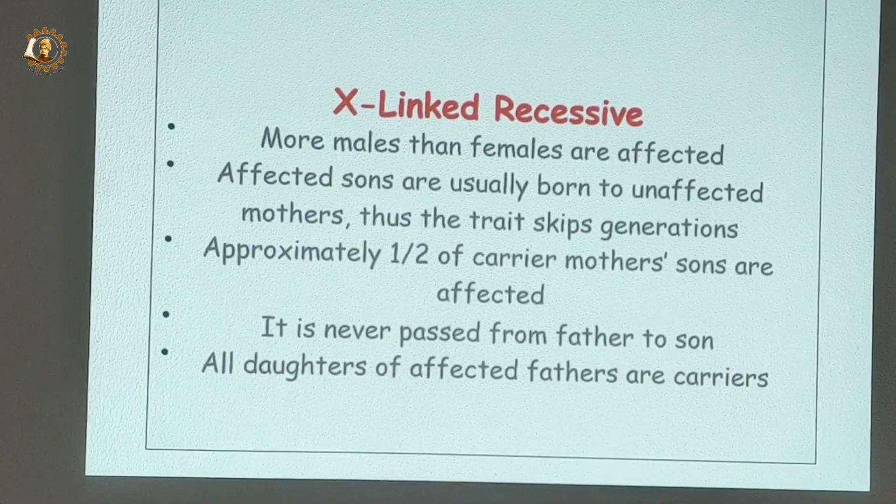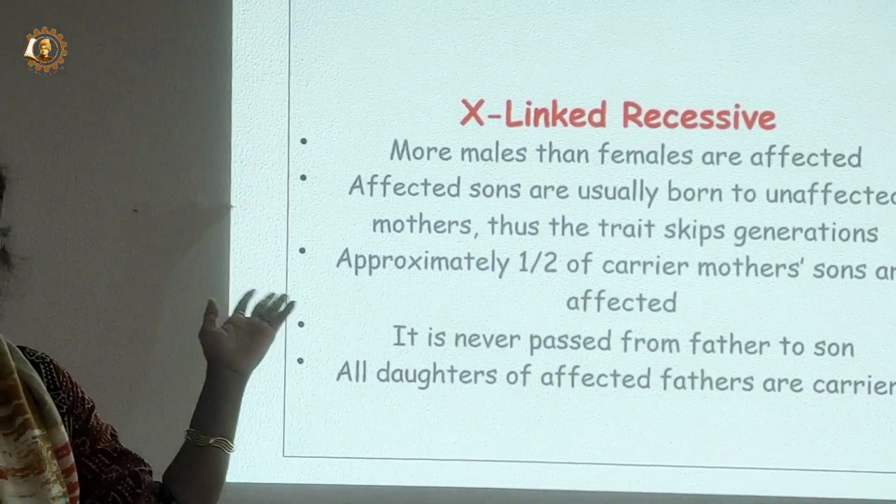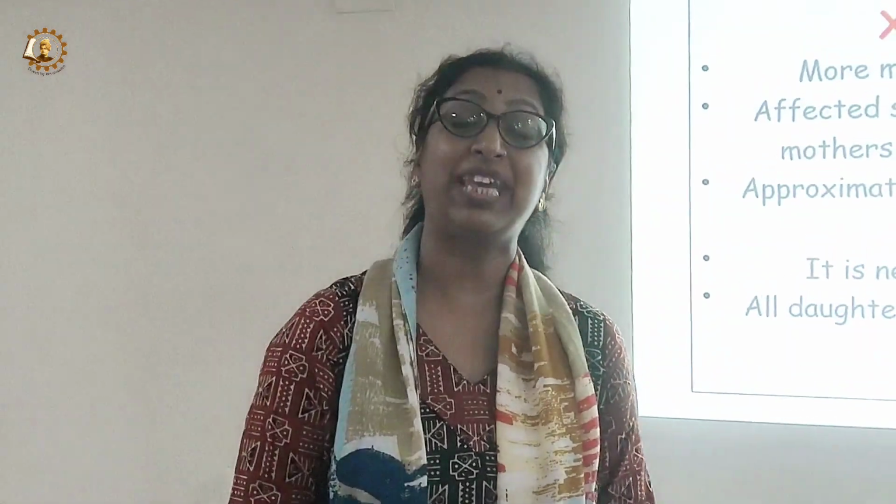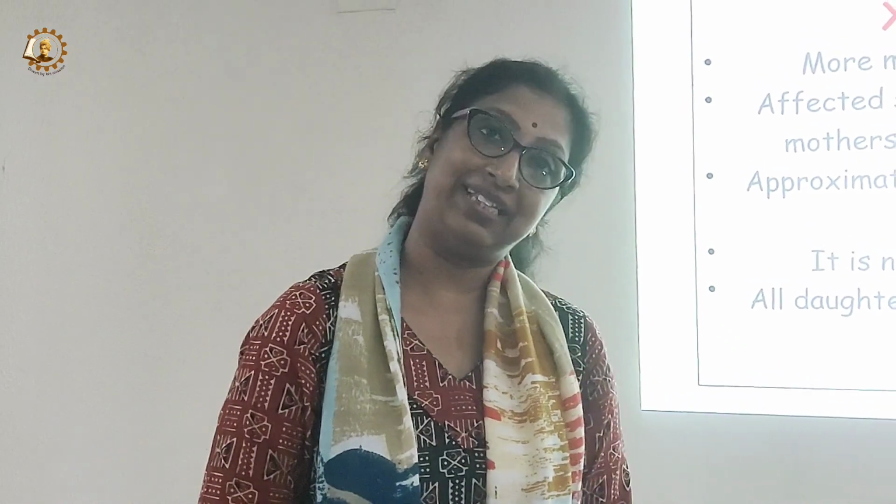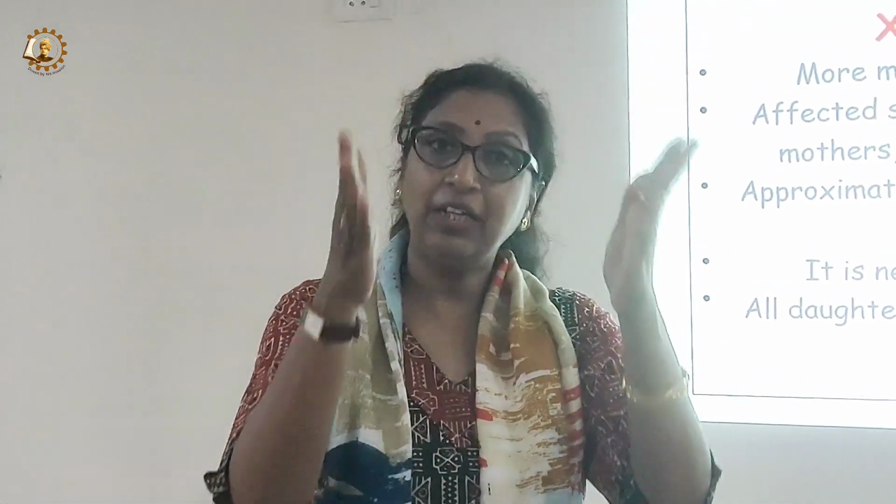And another name it has, we can also say the X-linked recessive inheritance as the crisscross inheritance, because the pattern of inheritance is father, daughter, grandson. It means father is affected, he is having one recessive allele.